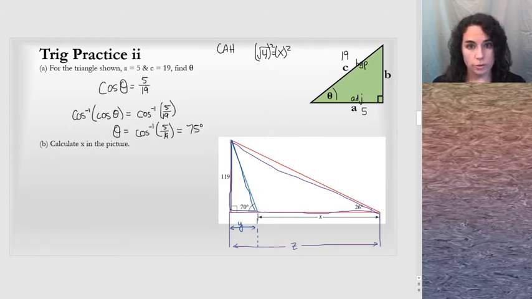And so if I wanted to solve for x, I would take z and subtract y. My general strategy for this problem is I'm going to find z from right triangle trigonometry. I'm going to find y from right triangle trigonometry. When I get those two values, I am going to simply subtract them, and that will give me this x value.